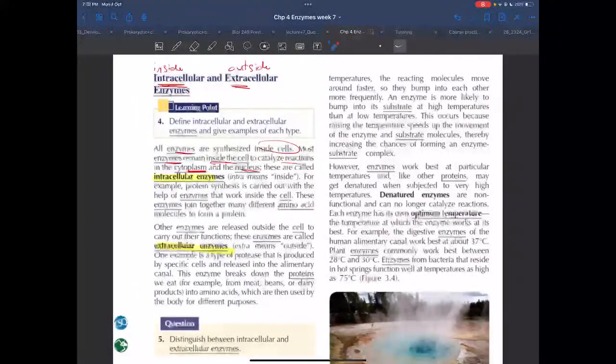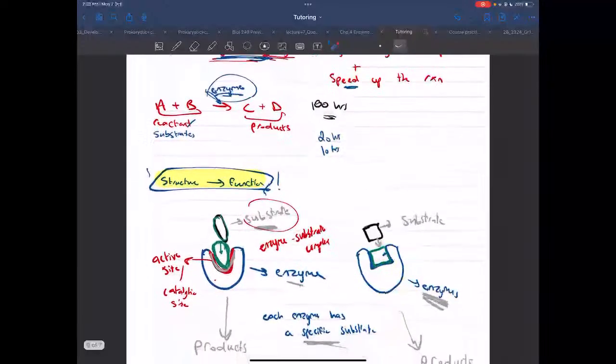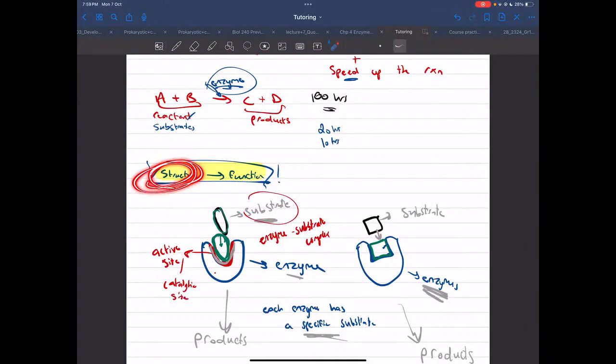However, we cannot increase the temperature to a very high temperature. Some enzymes cannot work at high temperatures. Some enzymes, we say they get denatured. Now, why do they get denatured? Again, they do not work anymore. Why? Because high temperature will affect their structure.